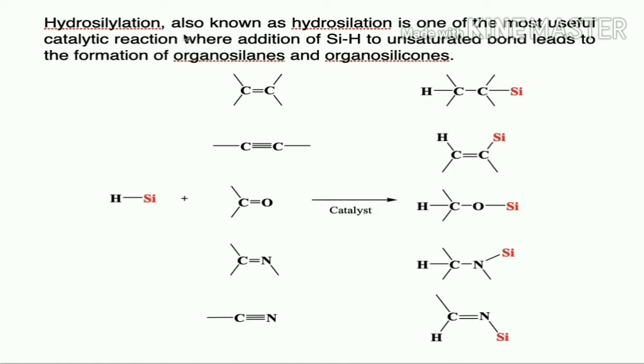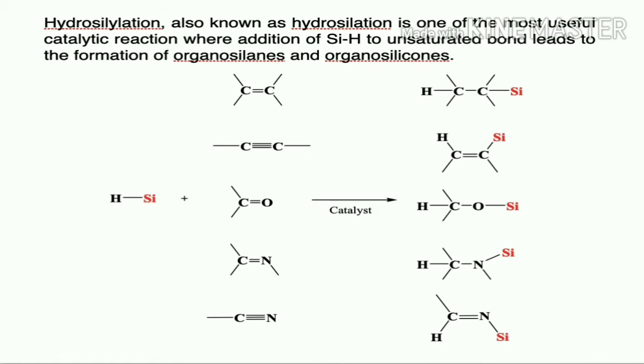So this is the hydrosilylation reaction, where the silicon-hydrogen bond adds to unsaturated double bonds to form the corresponding organosilanes or organosilicon compounds. And these are the three ways for the synthesis of organosilanes.